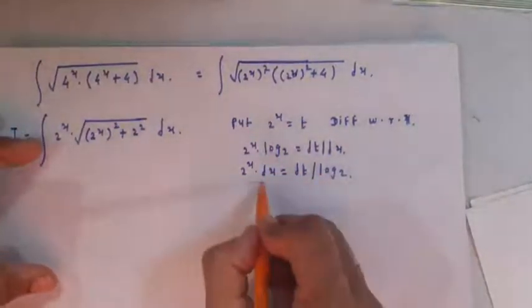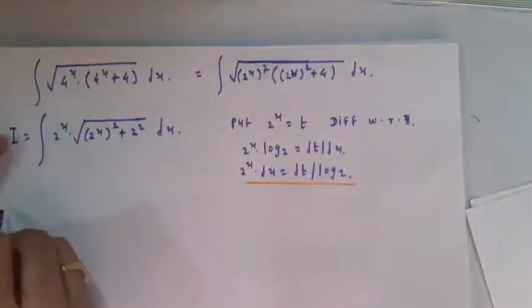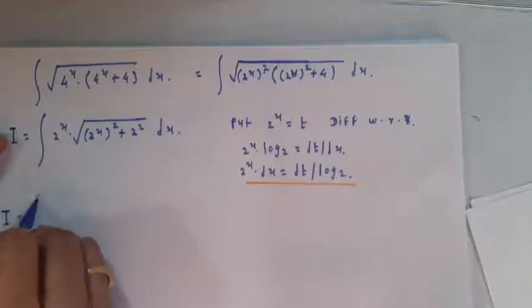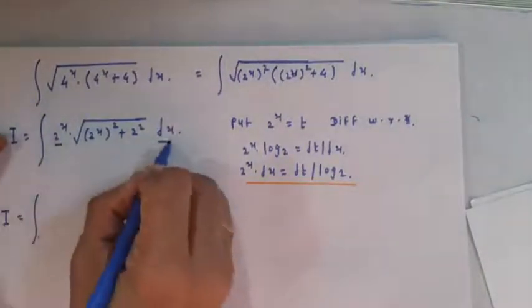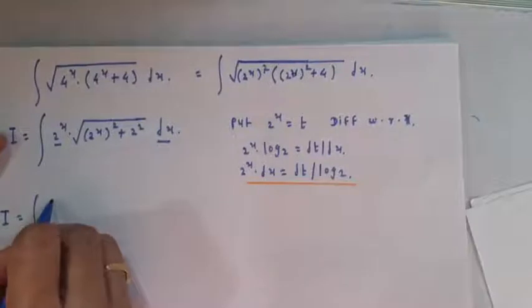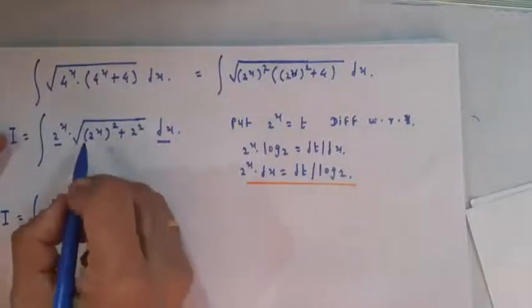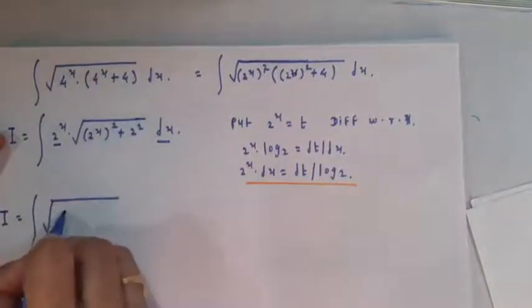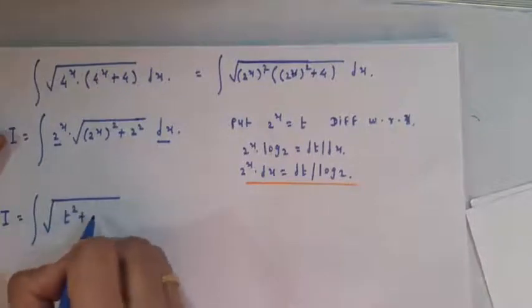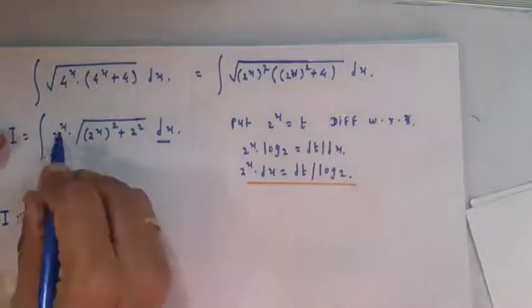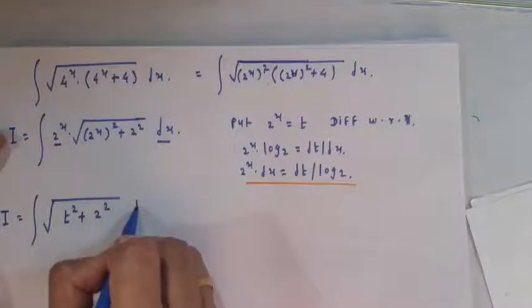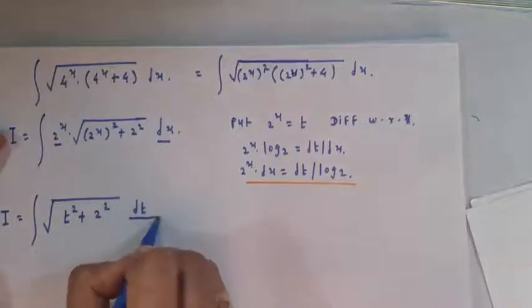And therefore the integration I, we can put the values: integration of 2 raised to x whole square, that is t square plus 2 square, and 2 raised to x dx, the value is dt upon log of 2.